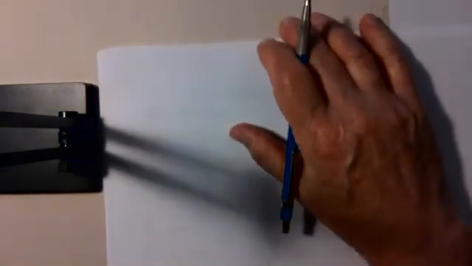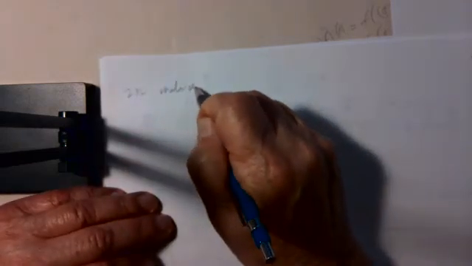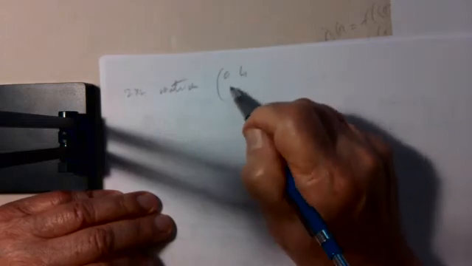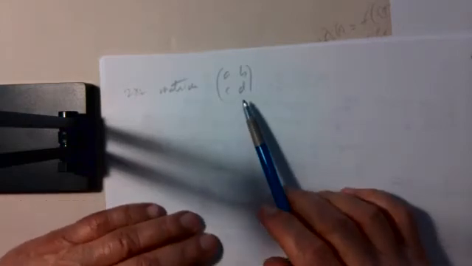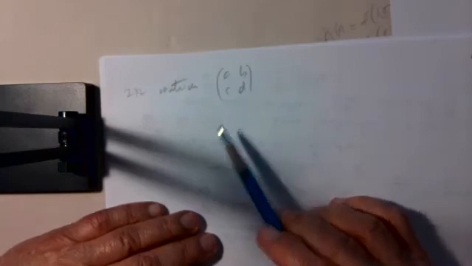What's another example of a group? Well, suppose you take 2 by 2 matrices. So that's something that looks like A, B, C, D. If you've never seen a matrix before, you don't have to pay attention to this, but there's a way to multiply matrices.